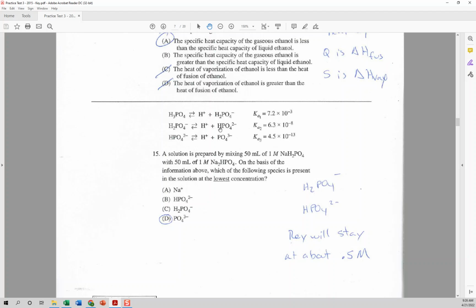So this reaction will happen and it'll make more of this, which will go up a little bit, but then this reaction will happen and it'll go back down a little bit, so they're going to stay around 0.5. And what are you going to get the least amount of? This, PO43-. You're not going to have much of this at all, so D.